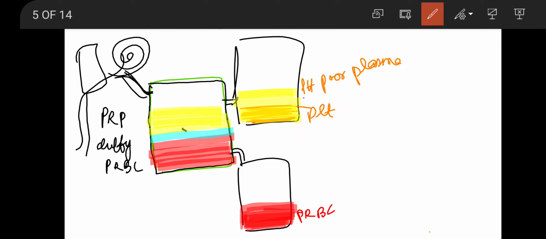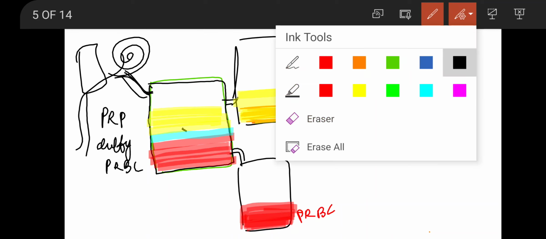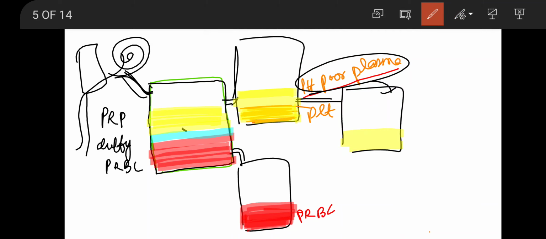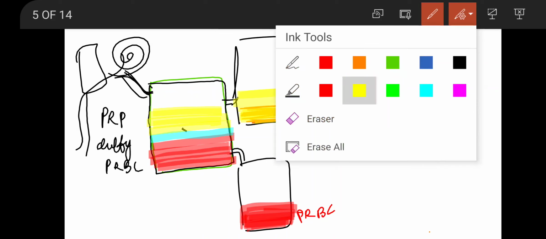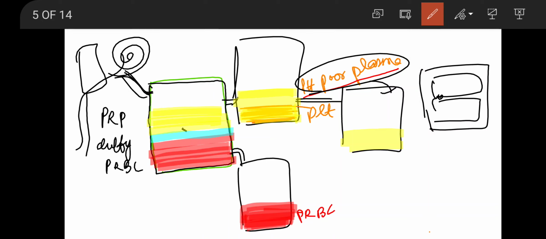Now you can take this part out. That is, you connect this into a bag and you take out this platelet poor plasma. So this platelet poor plasma you are keeping in the refrigerator. Okay, this is the refrigerator.